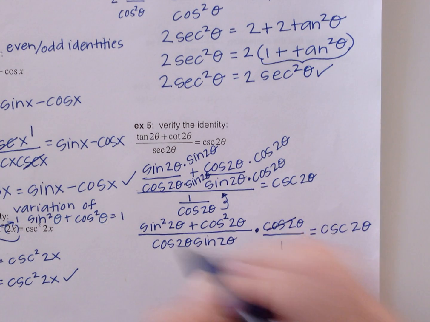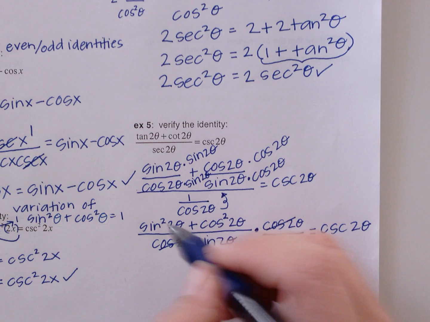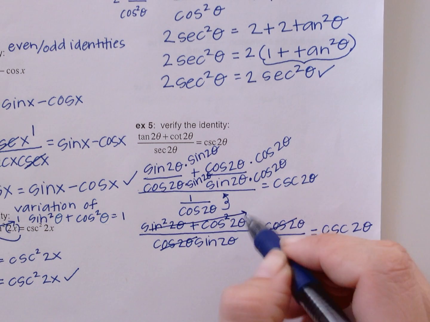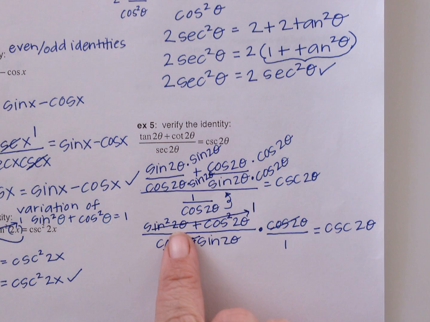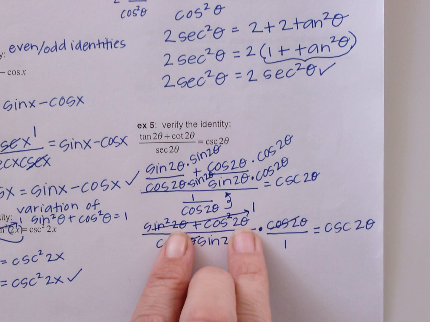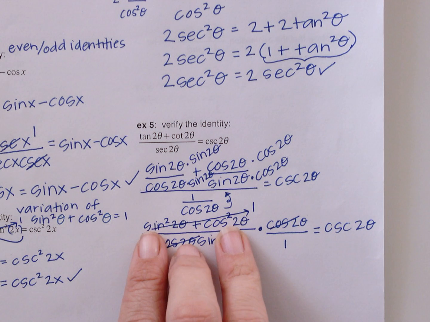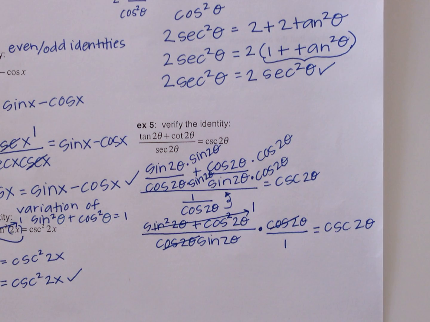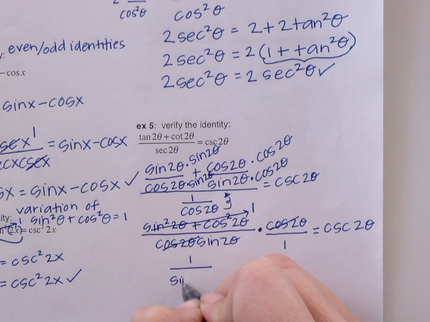So cosine 2 theta is going to reduce, and then this right here is going to equal 1. So sine squared 2 theta plus cosine squared 2 theta, it's the Pythagorean identity. Is it exactly what we have in our sheet? No, but we're okay because we know that as long as we have the same angle and we have the same signs for sine squared and cosine squared, then we can use the identity. So now we're at 1 over sine 2 theta.